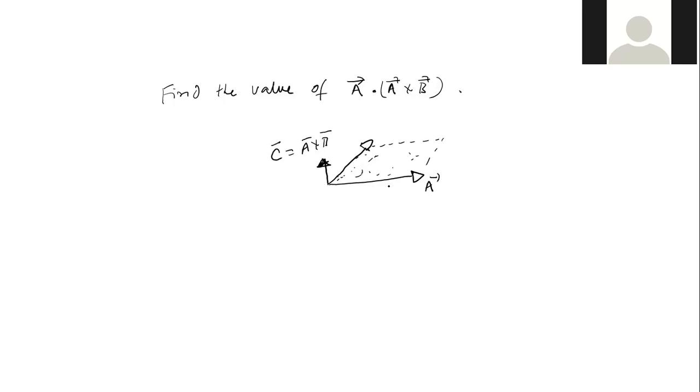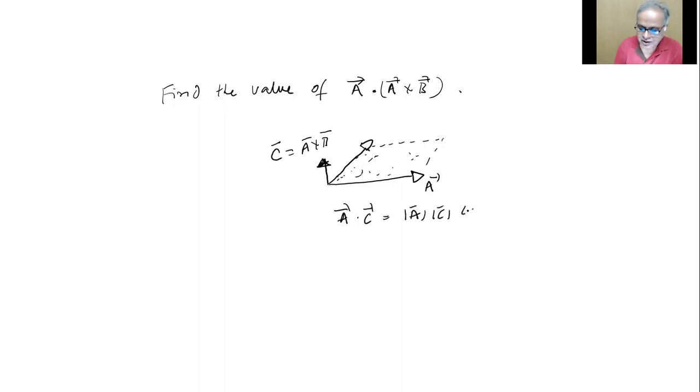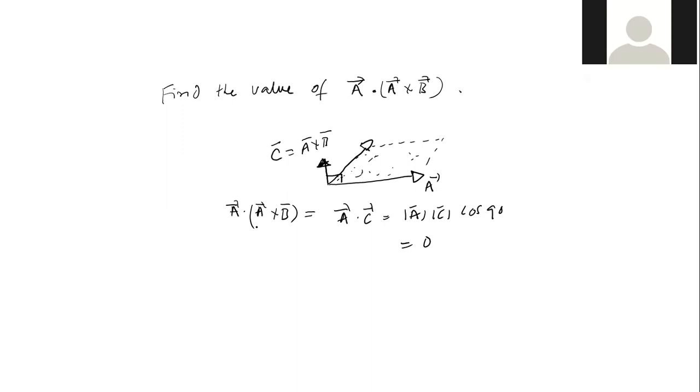So I'm asking you A dot C. So mod A, mod C, cos 90. Understood, sir.